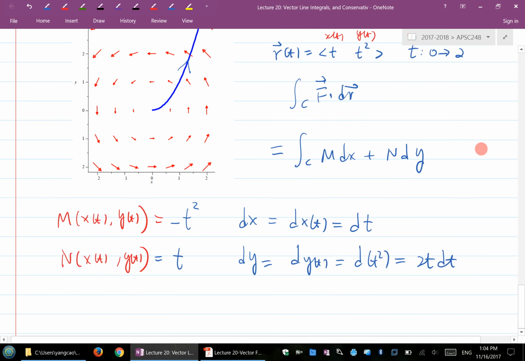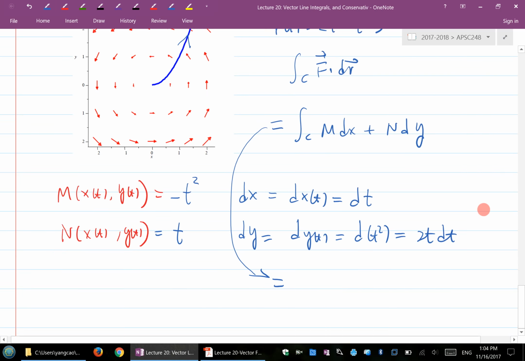So now you put all of these things together into the formula here. What are we integrating now? M is negative t squared. dx is dt. N is t, and dy is 2t dt, and t goes from 0 to 2.